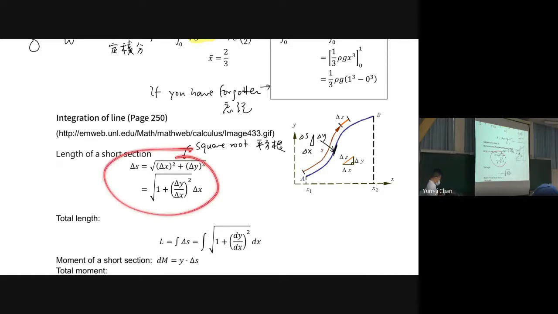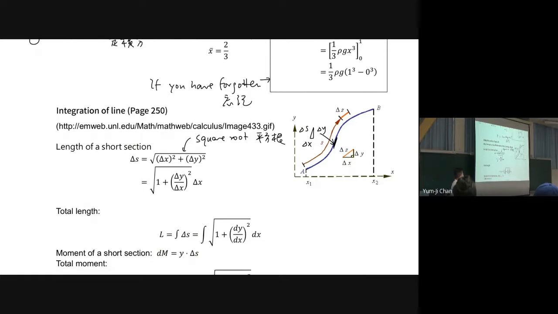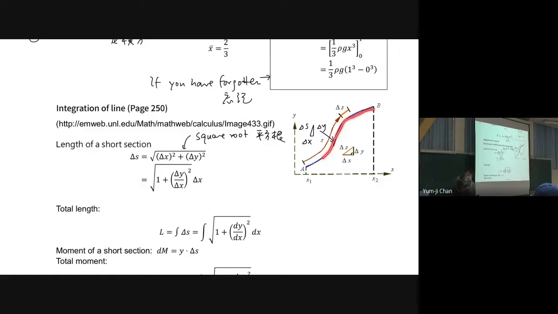This is the length of a short section, and the total length of the whole line is the addition of this section and this section and this section. So the total length of the line L is equal to the integration of delta S, which is equal to this one. Then we can determine the length of line AB using this equation.